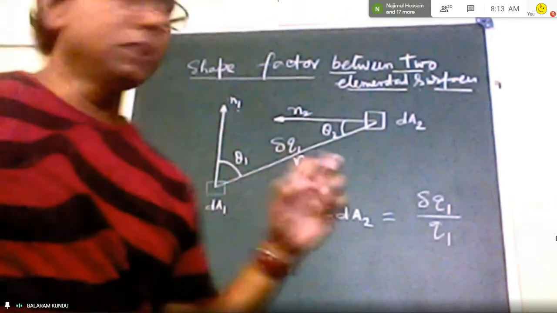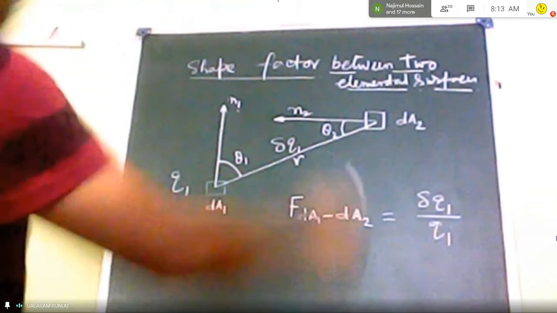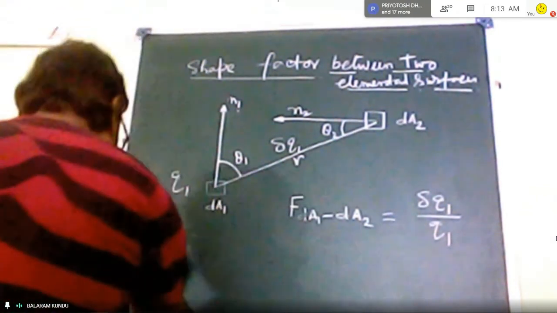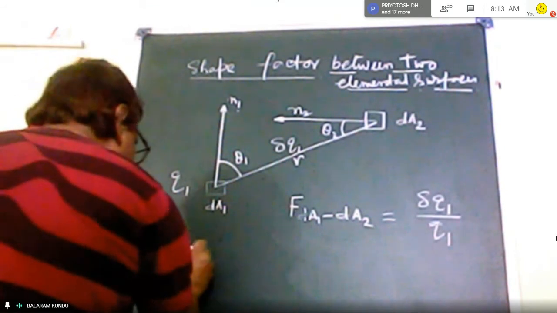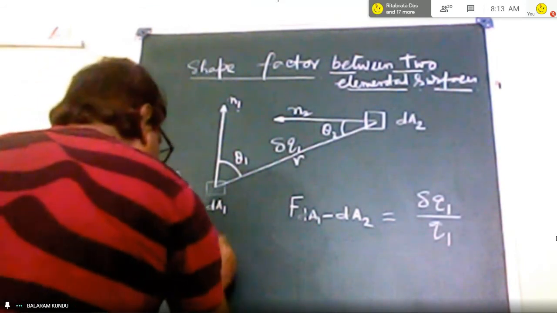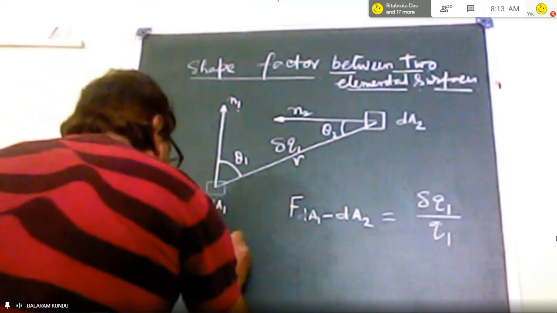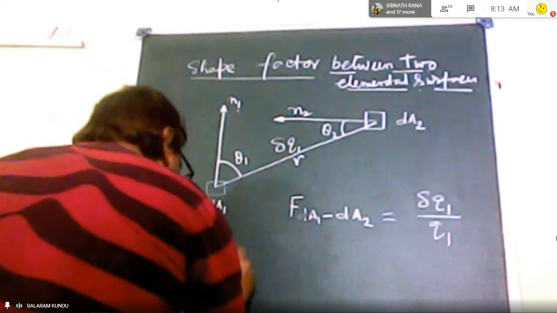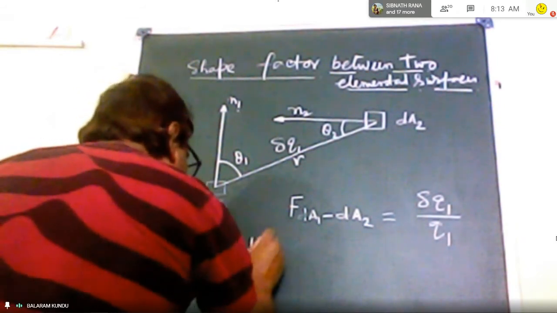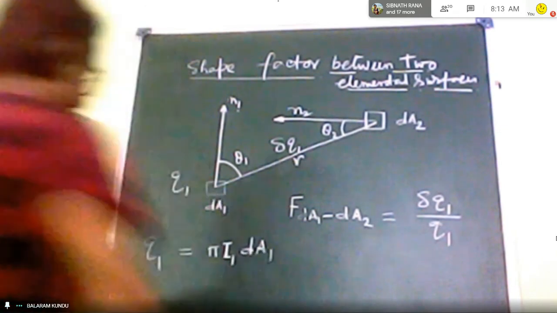So Q1 we can write easily, that should be equal to pi into I1 into surface area, say dA1.